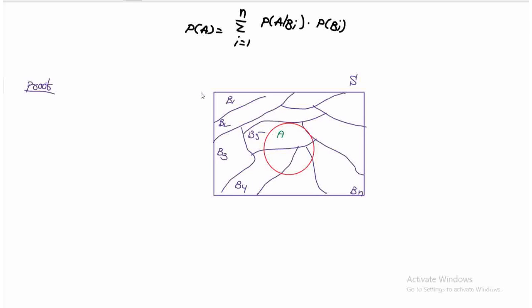Then we are going to find the probability of this common feature, and that is what comes under the total probability theorem.